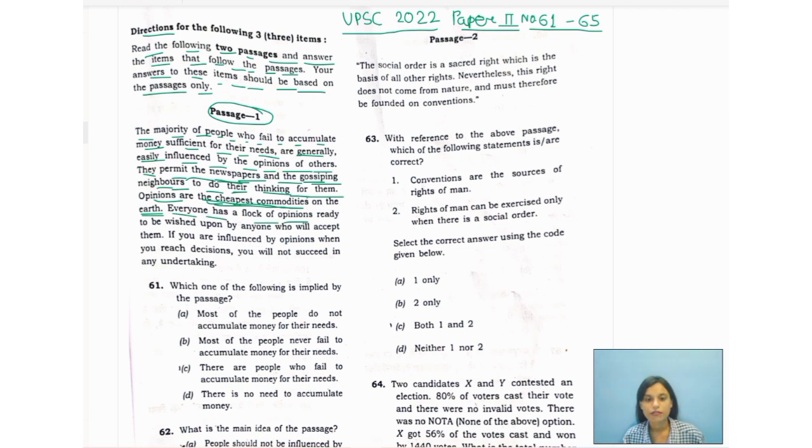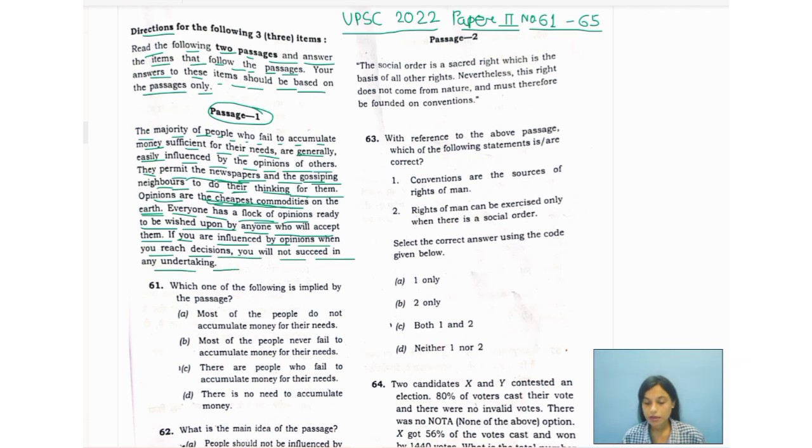Everyone has a flock of opinions ready to be given to anyone who will accept them. So if you ask anyone for opinions, definitely you will receive 100 opinions from that person. A flock of opinions, like altogether so many opinions will be given. If you are influenced by opinions when you reach decisions, you will not succeed in any undertaking.